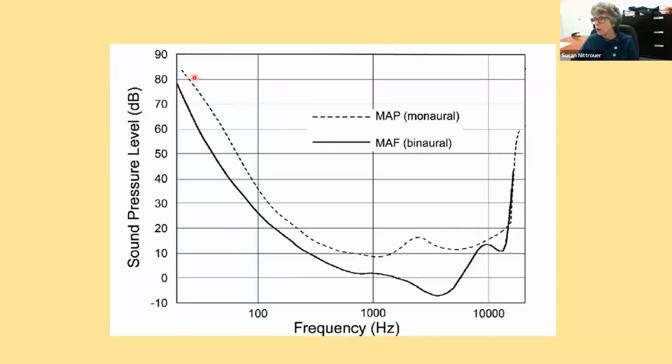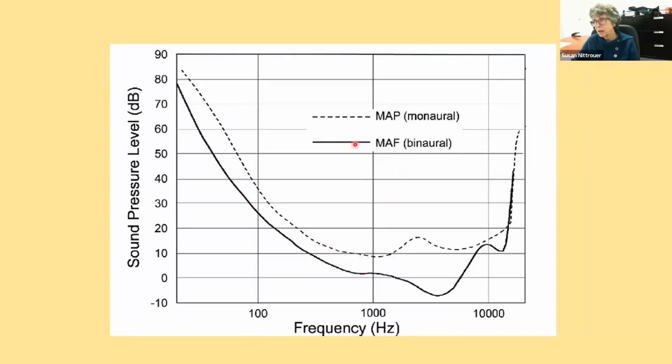So again, minimal audible pressure is what we get when we test thresholds, auditory thresholds, with a headphone or an insert earphone. And so they're monaural. And you can see that this is what we get with the minimal audible field. You can see that we have slightly better thresholds here, right? The thresholds are slightly lower.